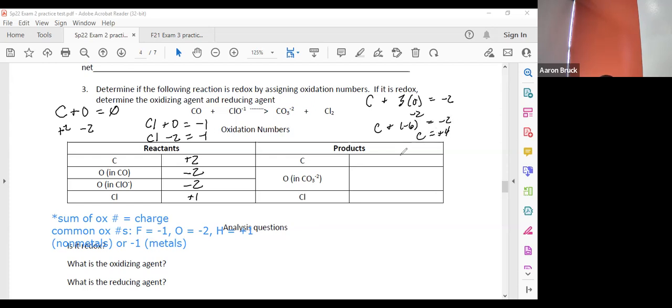Carbon must be +4. And chlorine in this circumstance, since it is the only element in an uncharged molecule, 2 times chlorine equals 0. Chlorine must also be 0. So to answer the first question, is it redox?